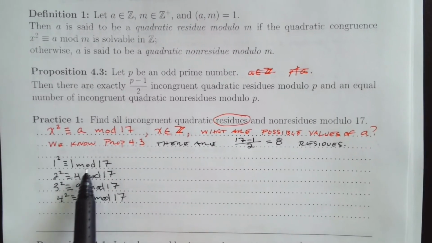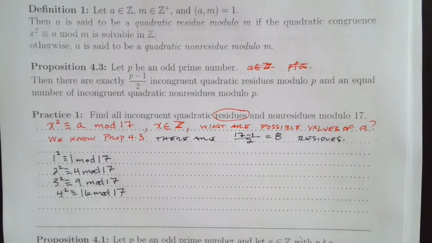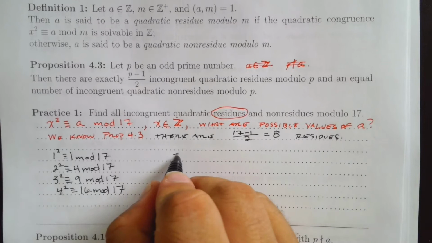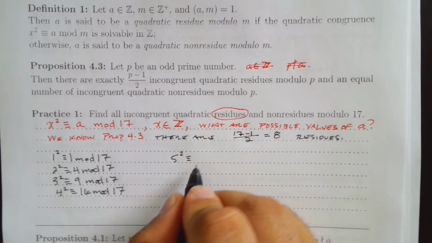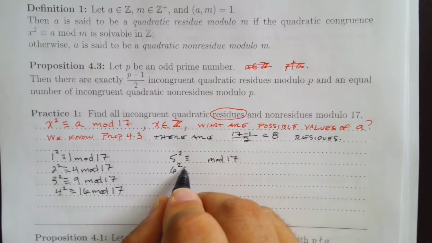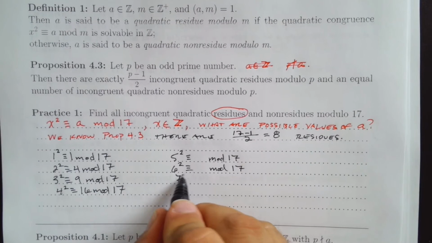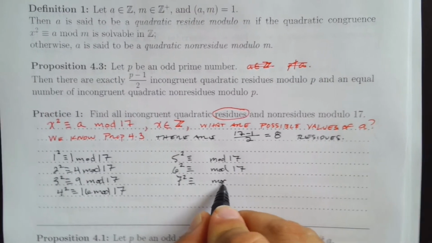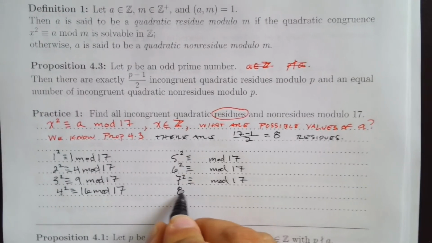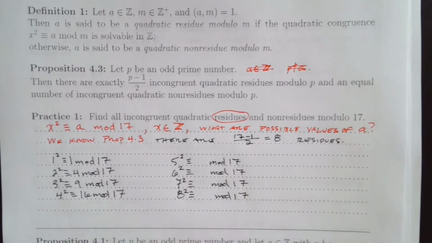So 1, 4, 9, and 16 are possible residues, as well as 5 squared, whatever that is, mod 17, 6 squared, 7 squared, and 8 squared, whatever those are, mod 17.